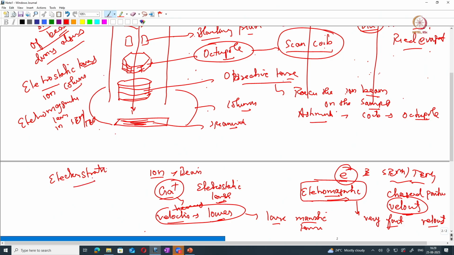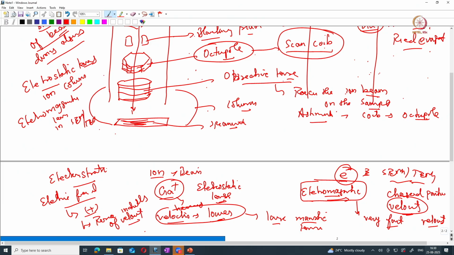Why? Because electrostatic lenses use electric field to manipulate these positive ions. Okay, and here the force is independent of velocity of that particular ion, correct?